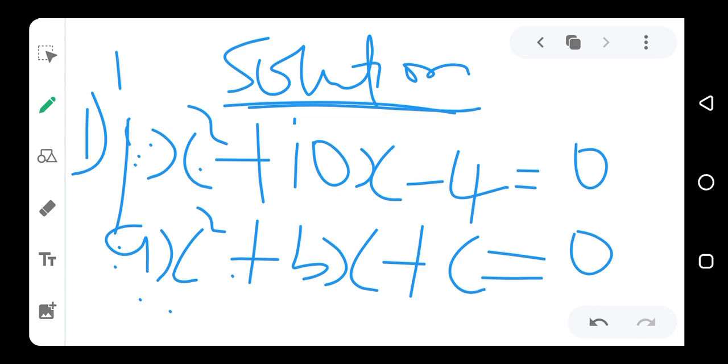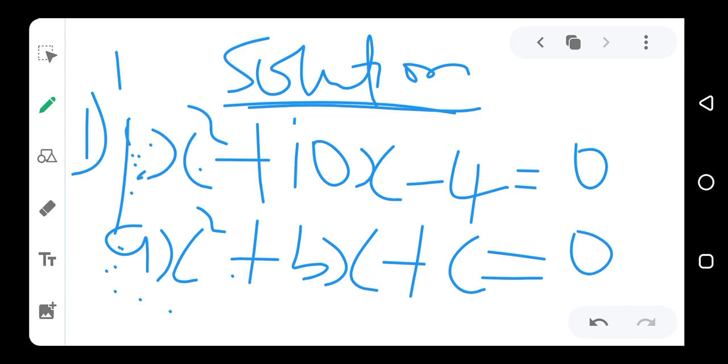Anything times 1 will give you that same value. That is why we don't write 1 if the coefficient is 1. So once you see the value without a coefficient, you will assume that the coefficient of it is 1. That means that the coefficient of x squared here is 1.